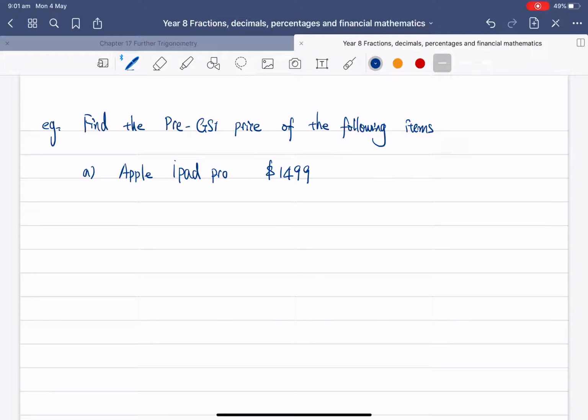That's the base model. Let me know if I made a mistake with this, but that's okay. So that's the final price, the price we pay, and we call that the GST inclusive price. If you want to find out the pre-GST price, how do we do it?